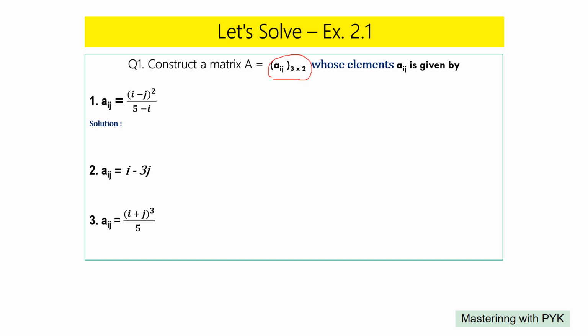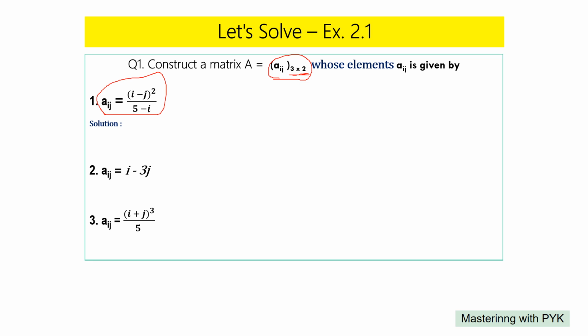This means we have been given the order of the matrix as 3 by 2 and the elements represented as Aij given by, we have 3 parts, 1, 2 and 3. So here Aij is defined as i less j square divided by 5 minus i.